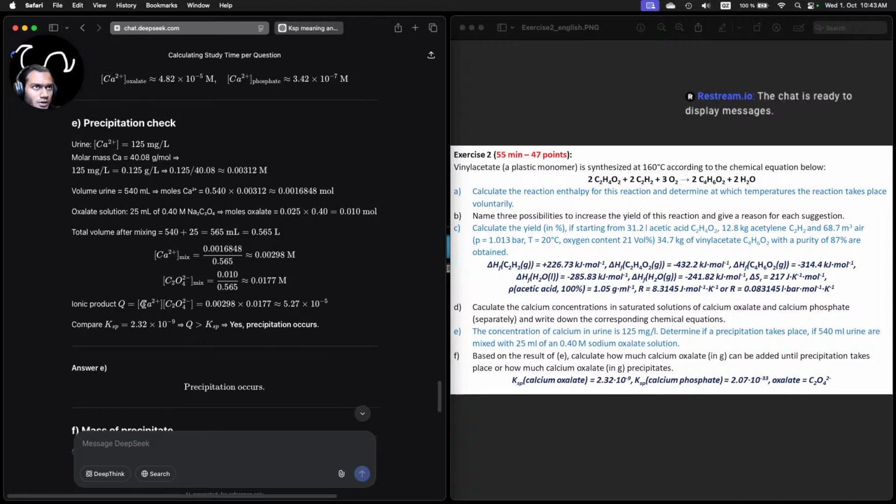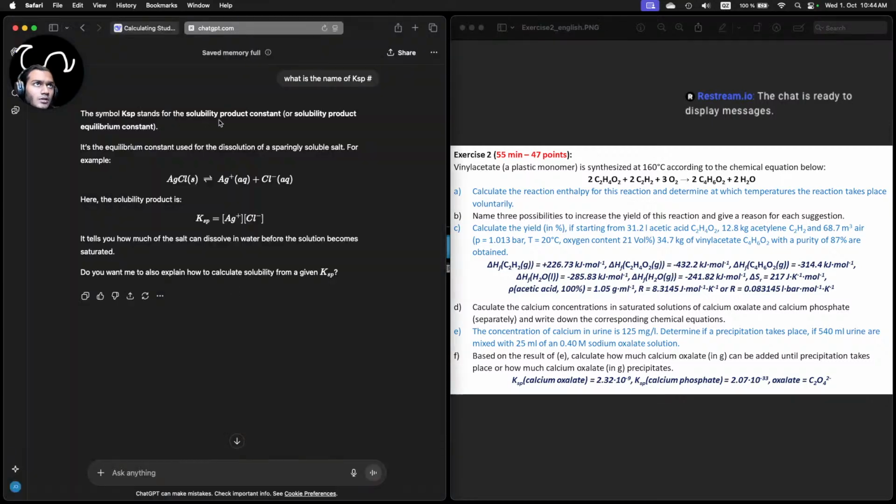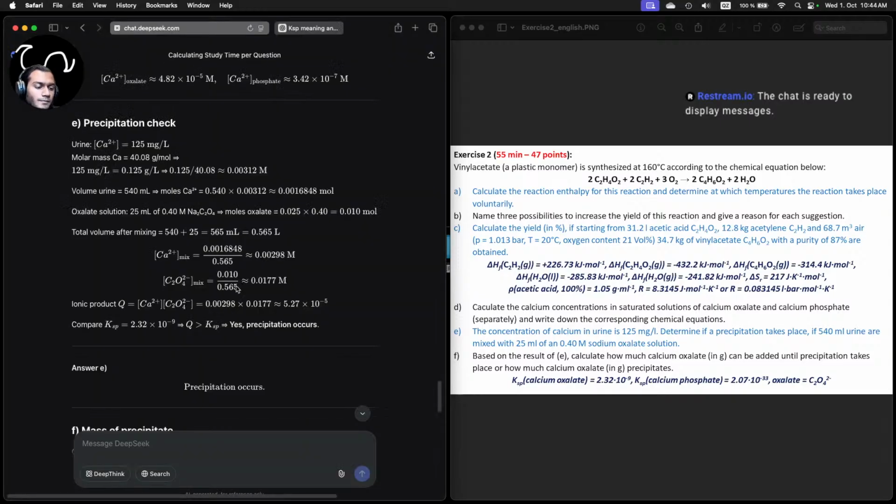And now we take the product of the concentrations, and we take the KSP, which is just given. What is KSP? Solubility product constant.